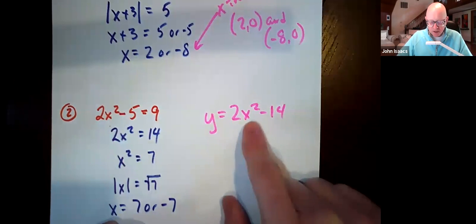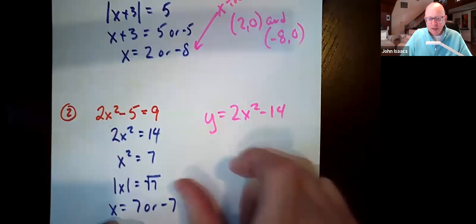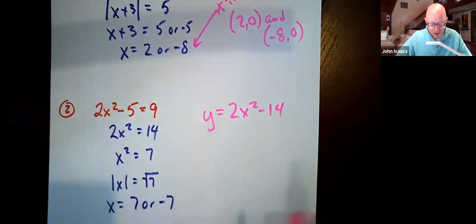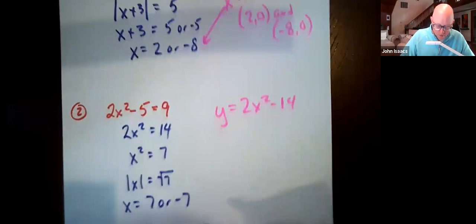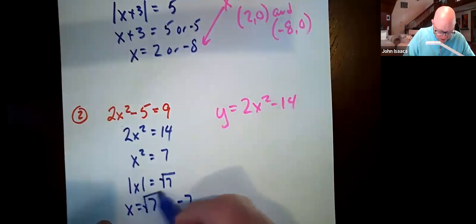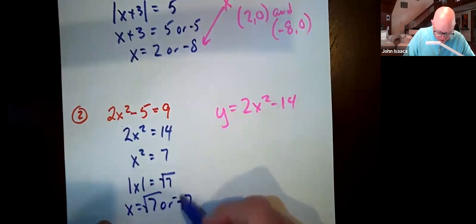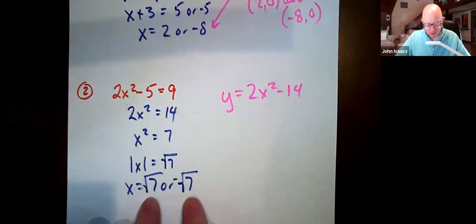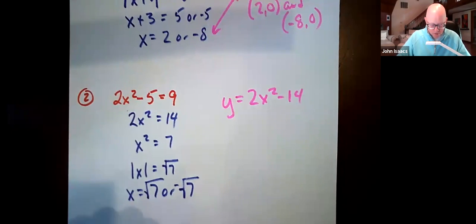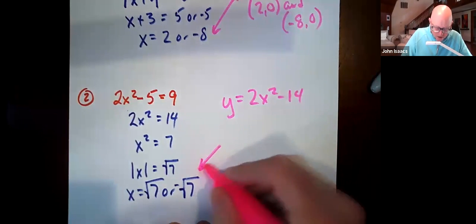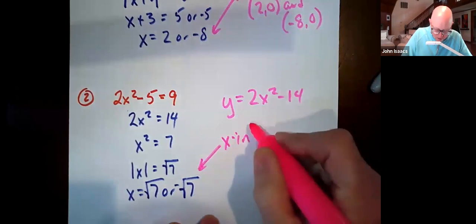We know that this is a parabola that hasn't moved over at all. So it has a y-intercept of 0. But then here, oh, I made a mistake here. These need to be radical 7 and negative radical 7. So these give us our x-intercepts. So just like in the one above, these give us x-intercepts.